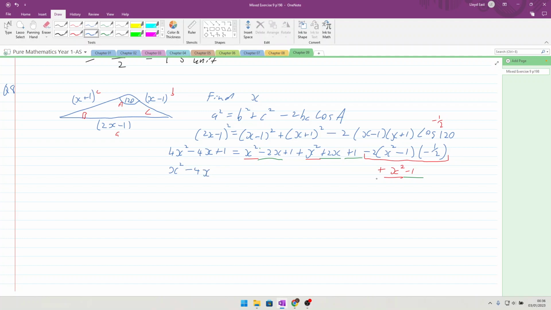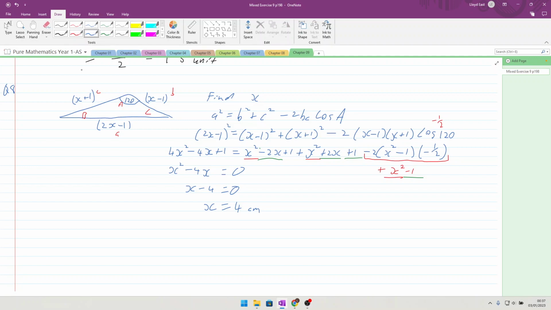And coming across here, we have a plus 1, which comes across and cancels out there, which equals 0 now. Cancel through by x, so we've got x minus 4 equals 0, and so x equals 4 centimeters. Okay, for question 8. Good.